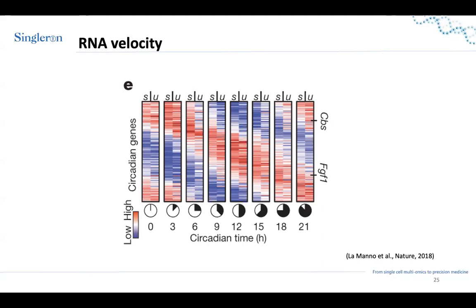But if it is more of a differentiating system, like if you do developmental biology, then the question is more linear or bifurcation based. So you would use the methods that are more appropriate for that, or you just try different methods and see whether they make biological sense. This is how we would do it if we have no idea.